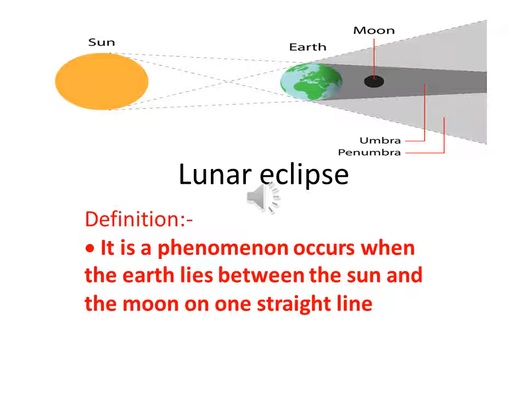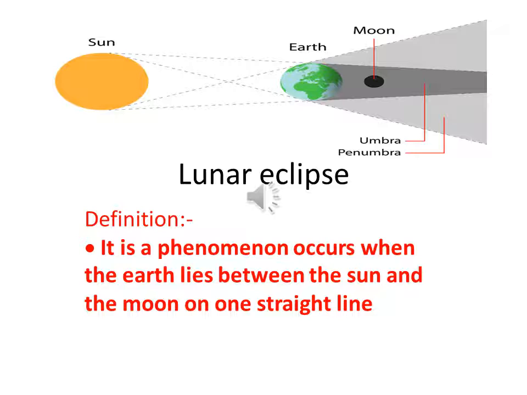So, we can define the lunar eclipse as a phenomenon that occurs when the Earth lies between Sun and Moon. Excellent. Between Sun and Moon in one straight line.